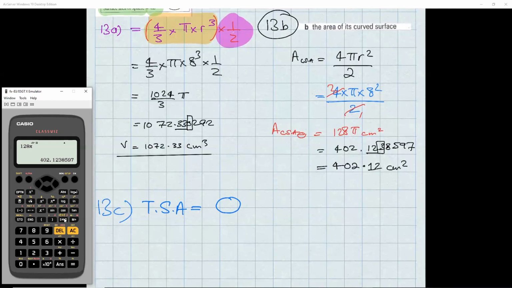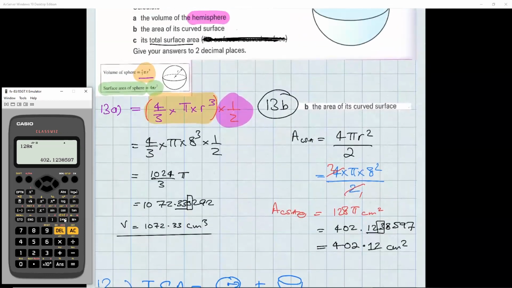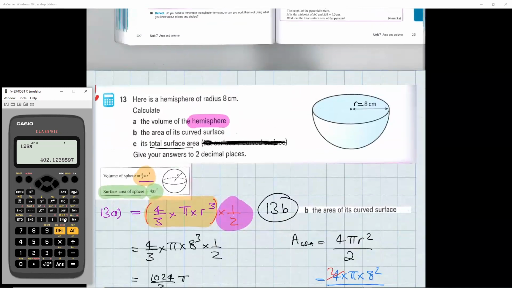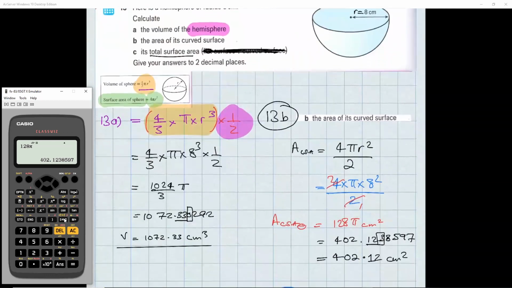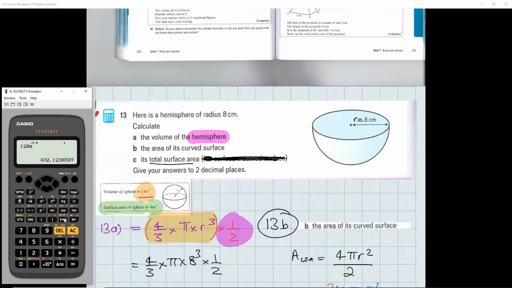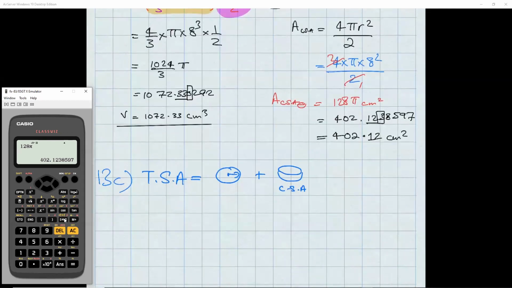We're going to work out the area of the circle, and then we're going to add the curved surface area. Is that right? Yeah. And that'll give the total surface area. So have you worked out the area of the circle so far? No, we haven't done that yet. So the area of the circle is going to be pi r squared, with r being 8, which we haven't worked out. What about the curved surface area? Have you worked that out? Yeah. We have.